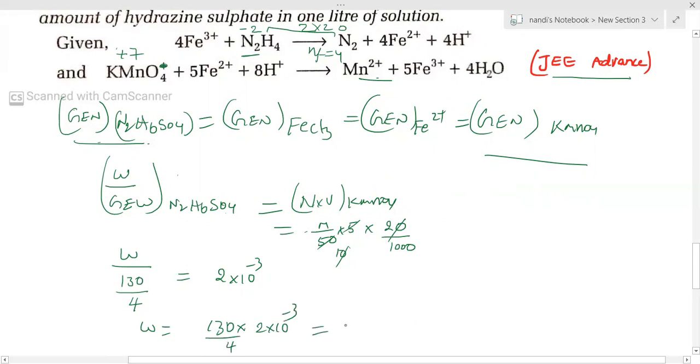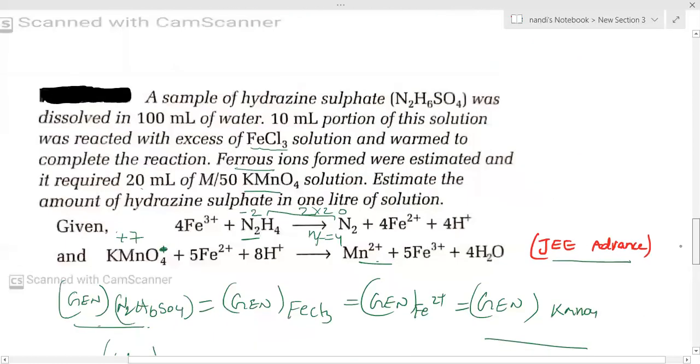So what value are we expecting? We are getting here 2 times, this is I think 65. You will get 0.065 grams.